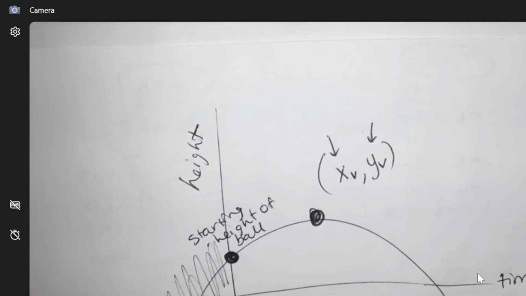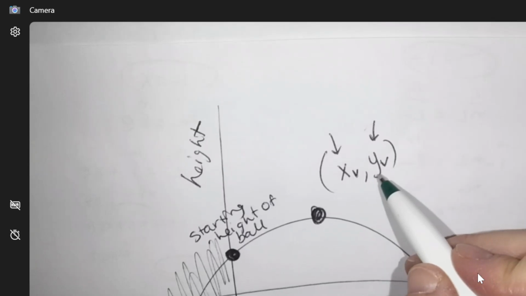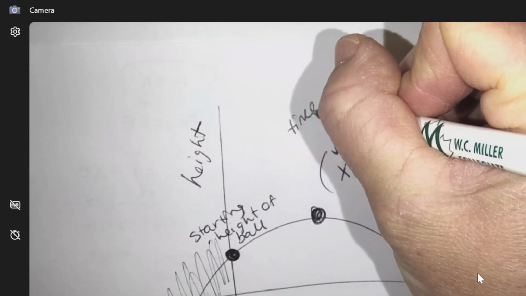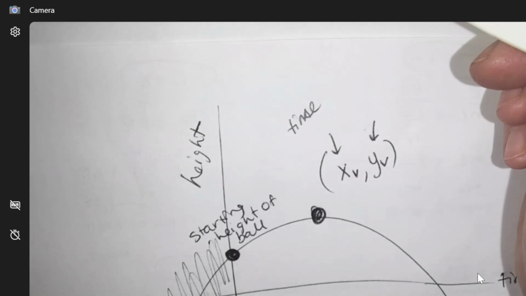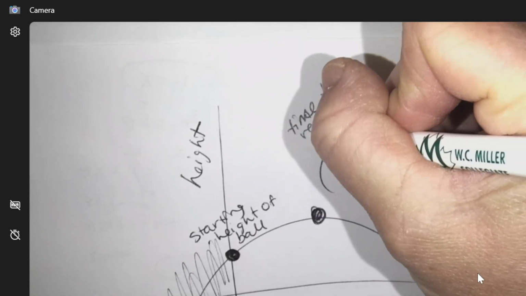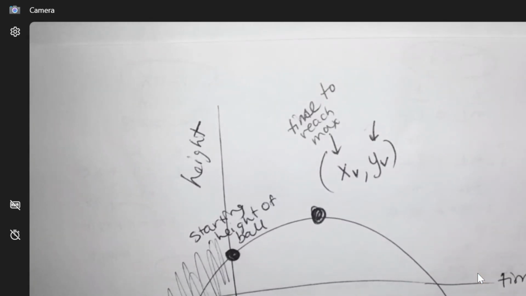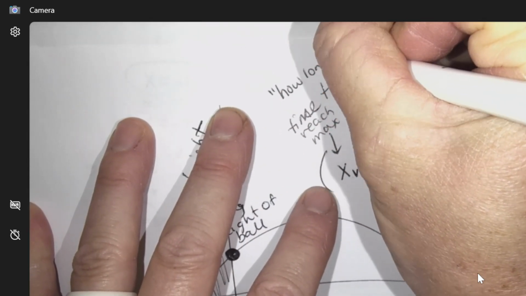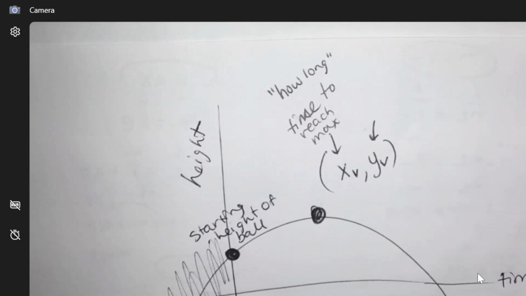Let's pretend it was at 2 seconds. So that is going to be the time to do what? To reach the max. That's how long it's going to take you to get to the top.